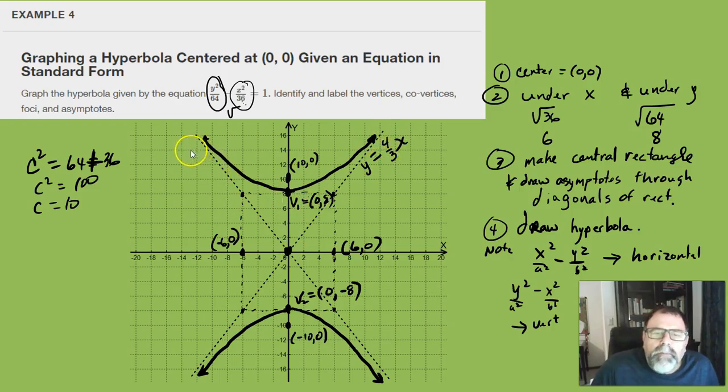And then this one will be y equals negative 4/3 x. Okay, so that's my two asymptotes. I should write it over here.